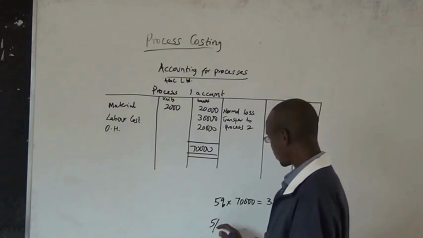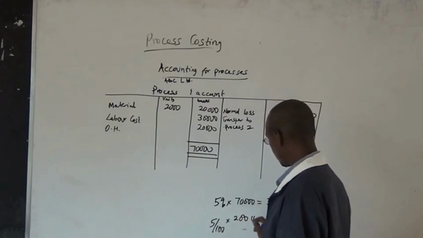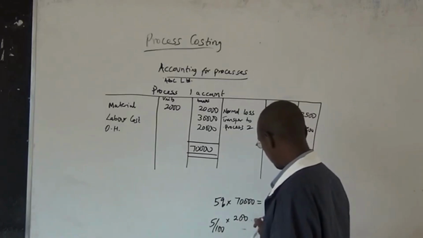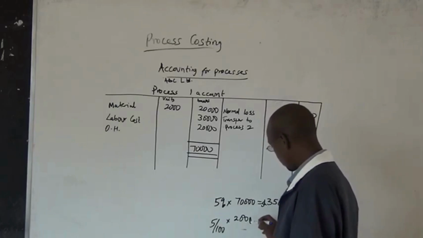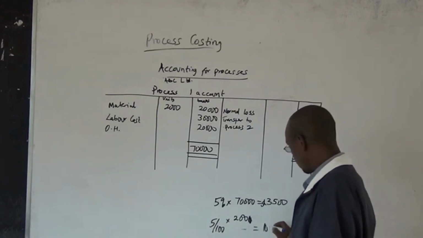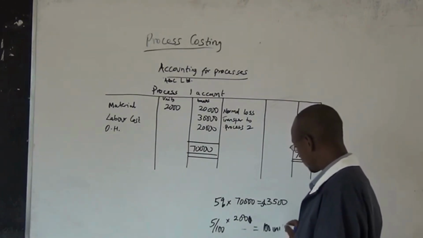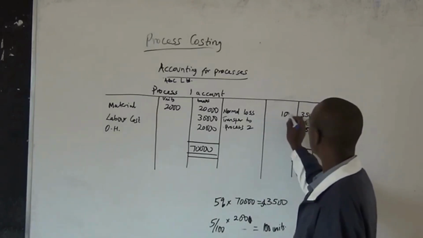It's also 5% of 2,000 units. So it's just 2,000. So this one is shillings, and this is how many? 100 units. So normal loss is 100 units.